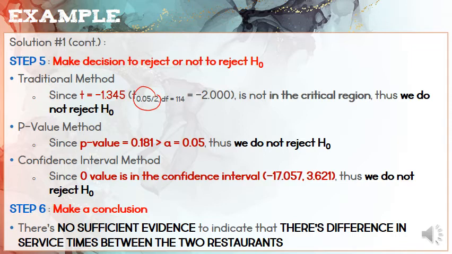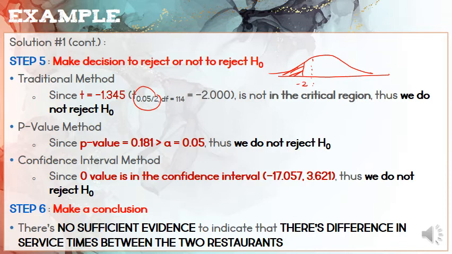Refer to your table, find 0.025 with the degree of freedom closest to 114 but not exceeding 114. So we get negative 2. If I sketch here, if 2 is here, this is our critical region. Negative 1 should be around here. So, not in the critical region, we do not reject our H null.